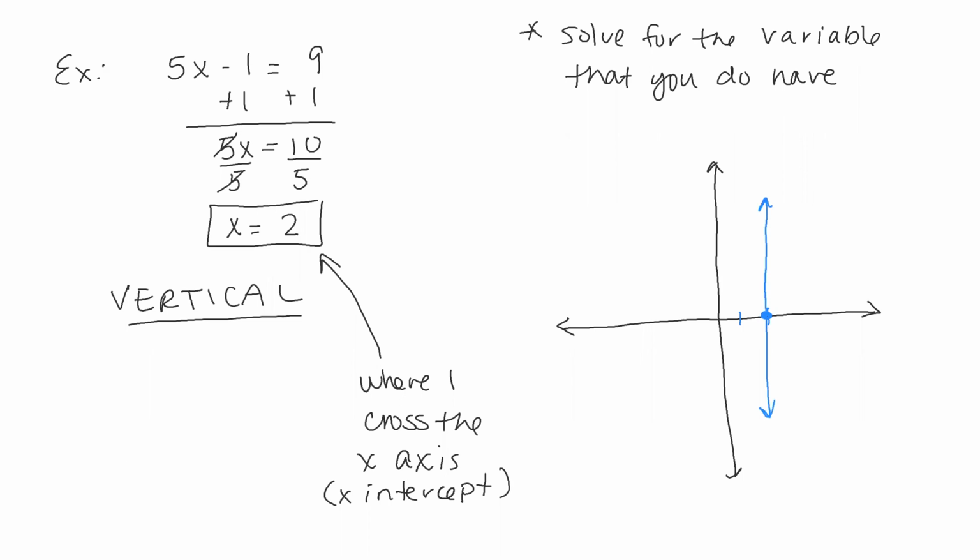All right. Now, if I had to create a table of values, that's where you have the X's and the Y's. This would have been something that we talked about in that second video. Well, what value can X be? Well, the only value that X can be is 2. So no matter what ordered pairs you have, the X coordinate's going to be the same. Now, what is Y? Y can literally be anything.